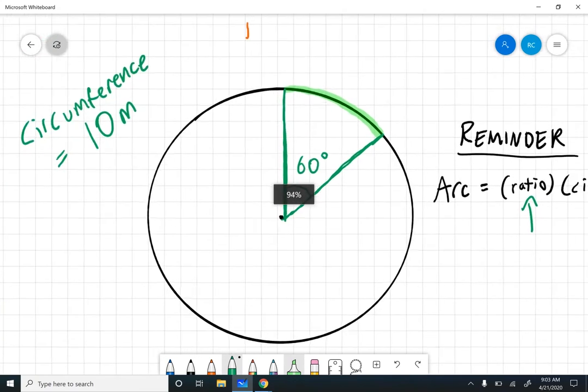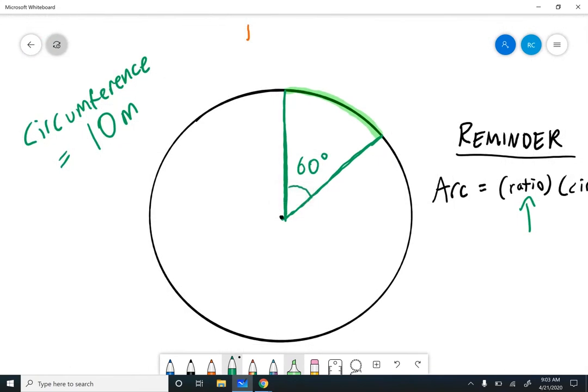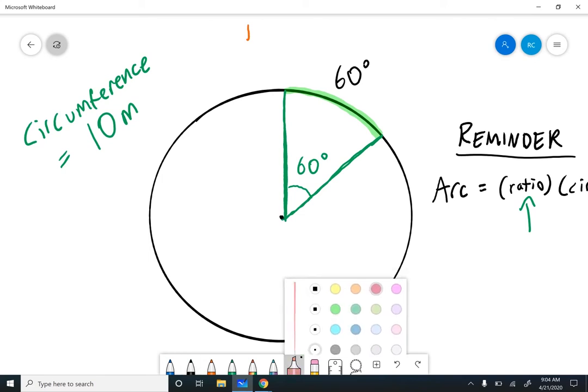Well, this angle is a 60-degree angle. From earlier videos and earlier exercises, you should know that that also means that this arc is a 60-degree arc. And think about this.